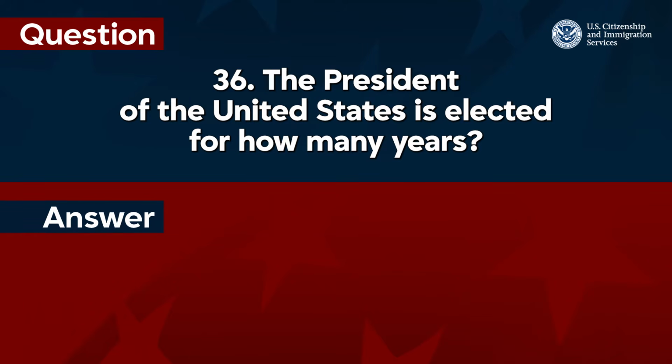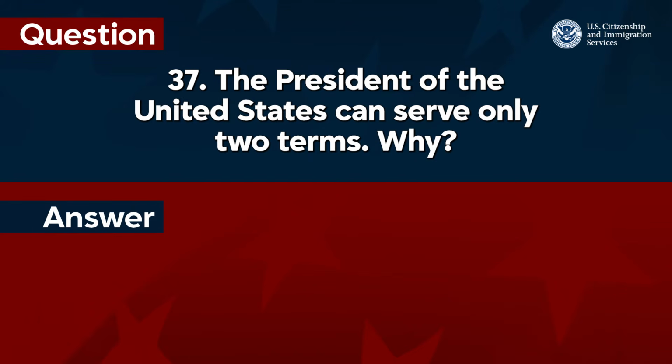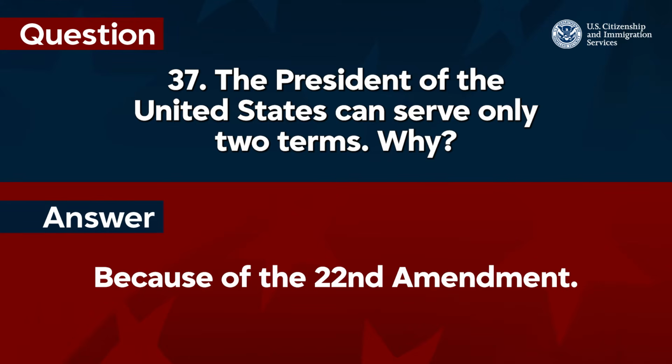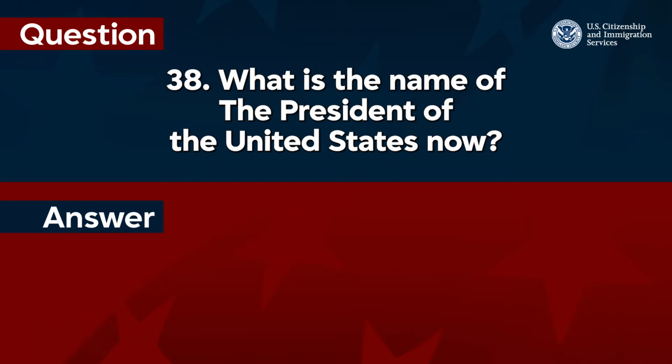The President of the United States is elected for how many years? 4 years. The President of the United States can serve only 2 terms. Why? Because of the 22nd Amendment. What is the name of the President of the United States now?